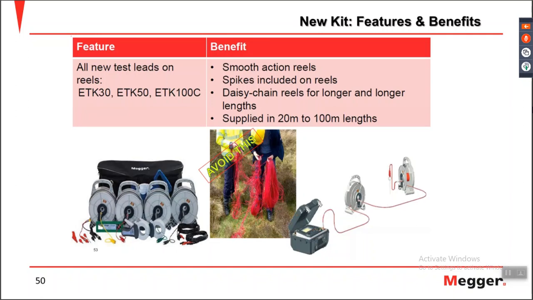You need to repair the tangled cable that happens if you put out a long cable. So with the reel facility, you will avoid this condition in the field. We have lengths of 20 meters up to 100 meters.